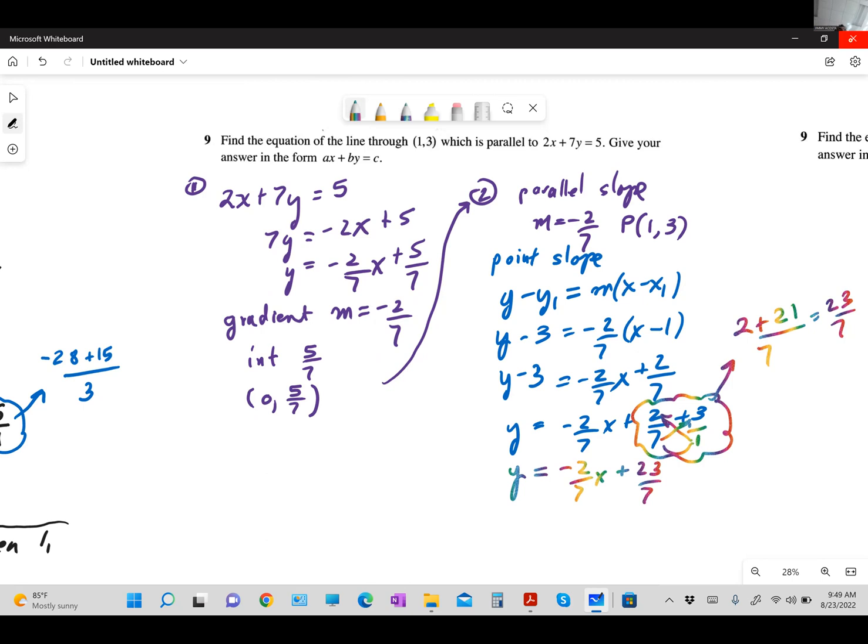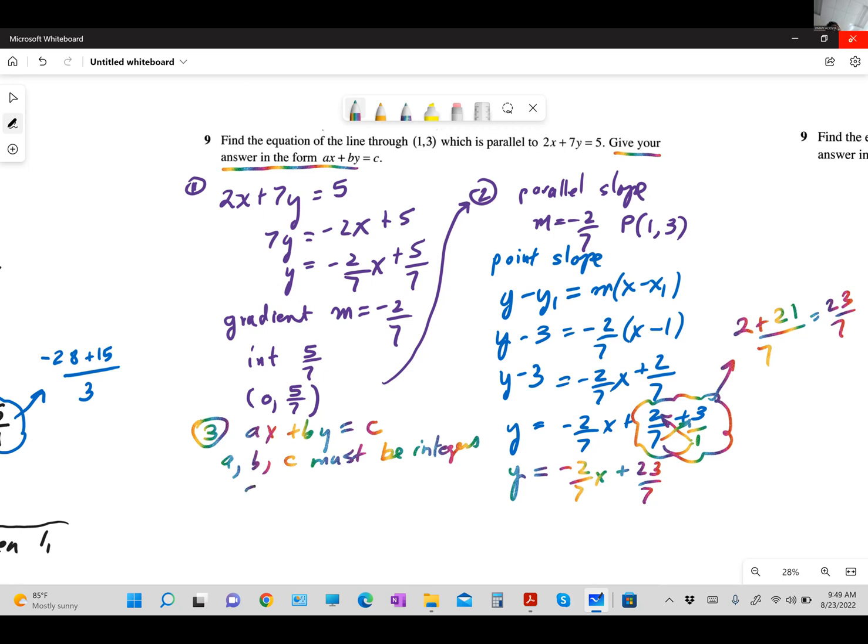Agreed? But look what they wrote here. It said on the top here, give your answer in the standard form, ax plus by equals c. I know. But let's just play around with this. Remember, if you're going to use that form of ax plus by equals c, a, b, and c must be integers.